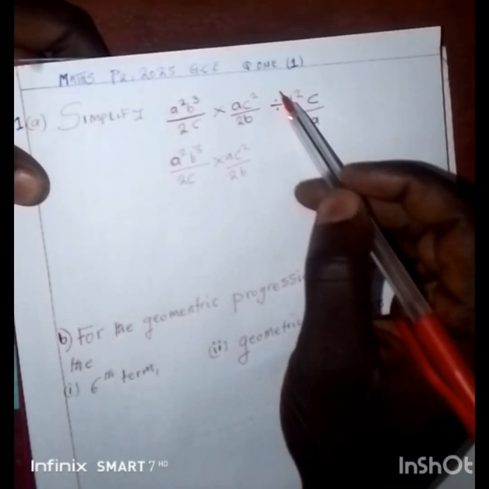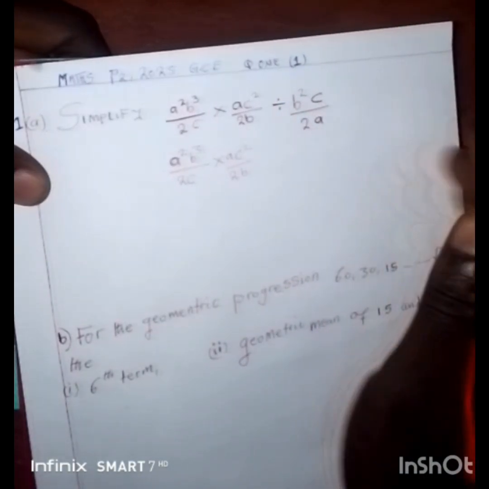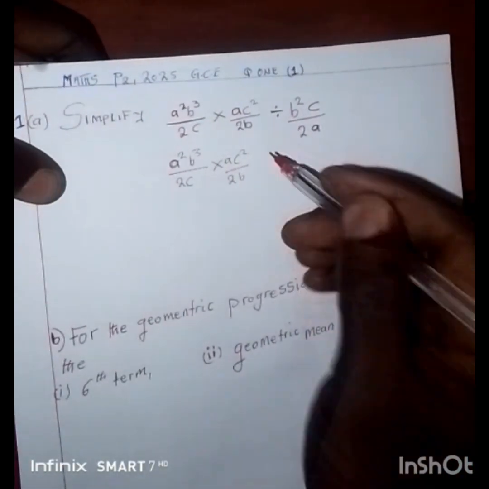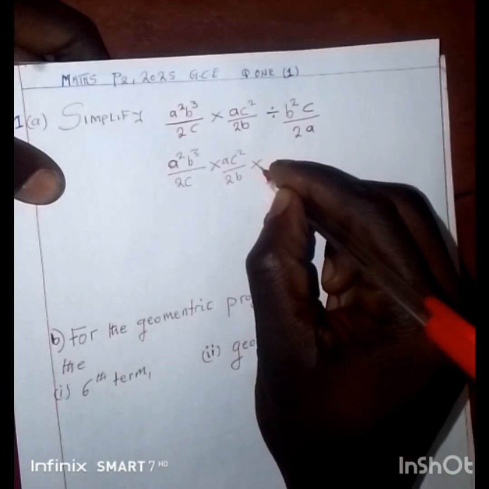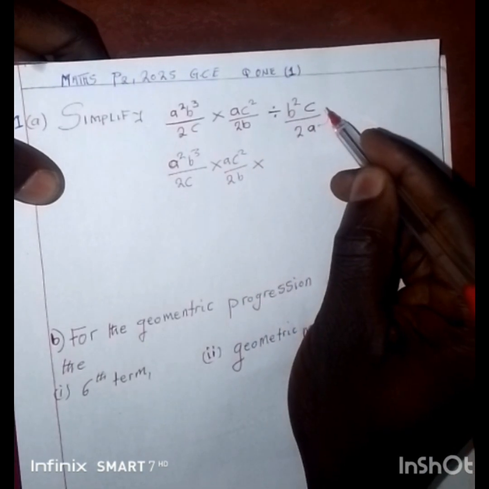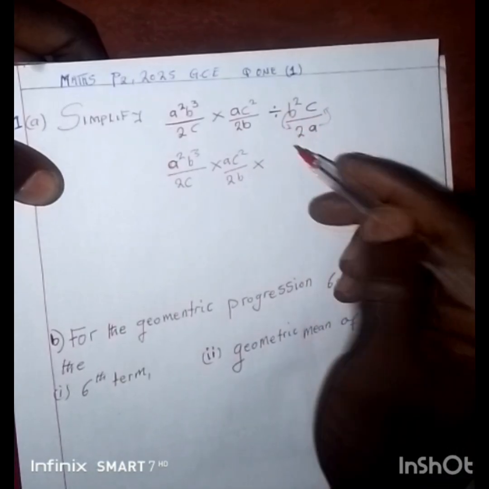So we first convert this division to a multiplication sign, as you know how to divide fractions. We introduce the multiplication sign here. Then the denominator becomes the numerator, and the numerator becomes the denominator.